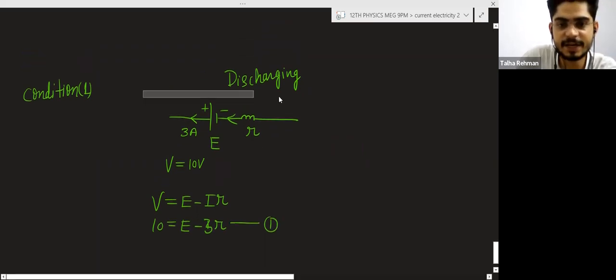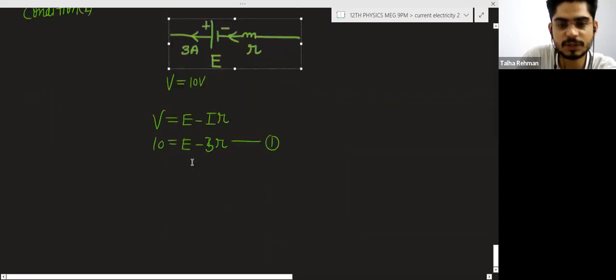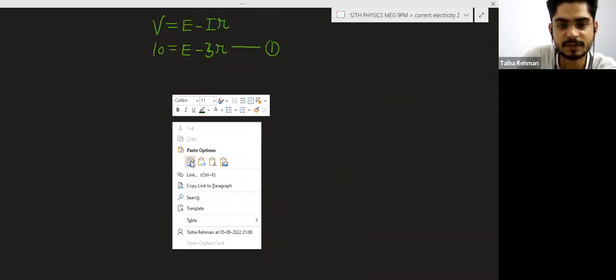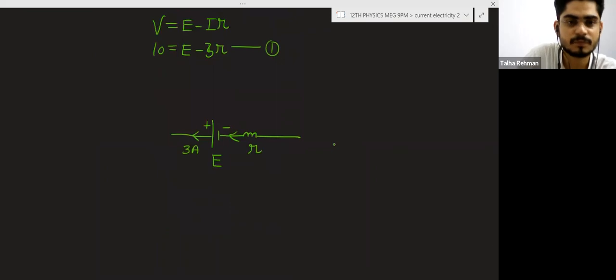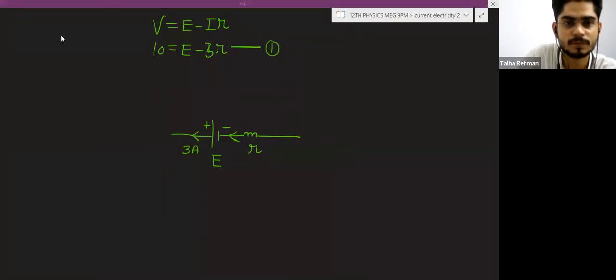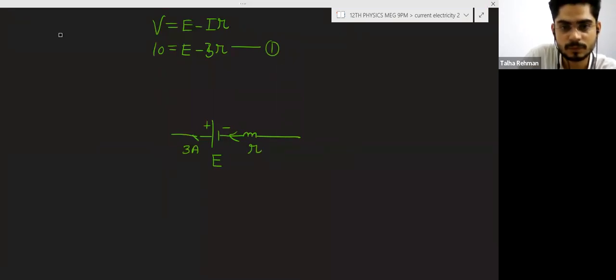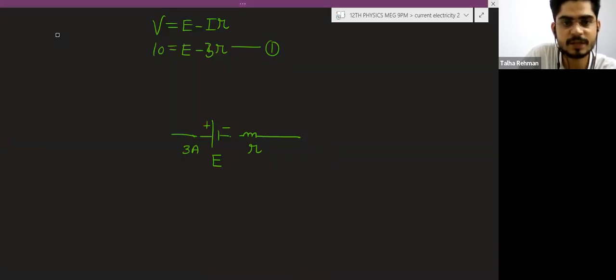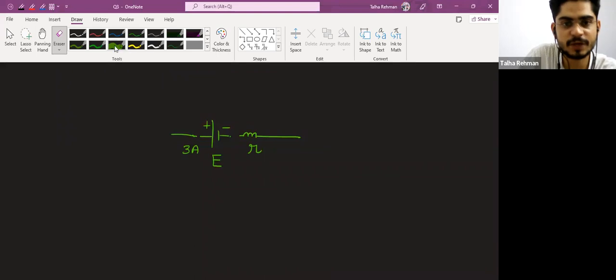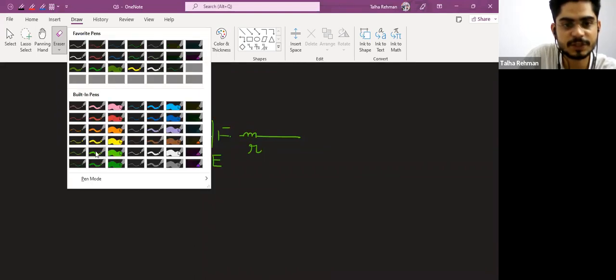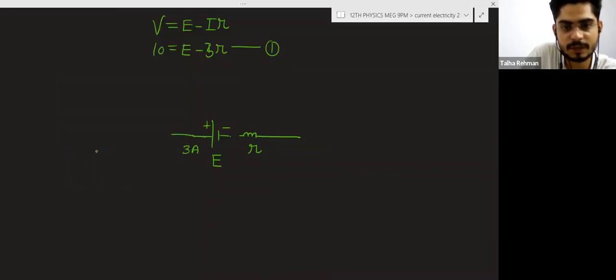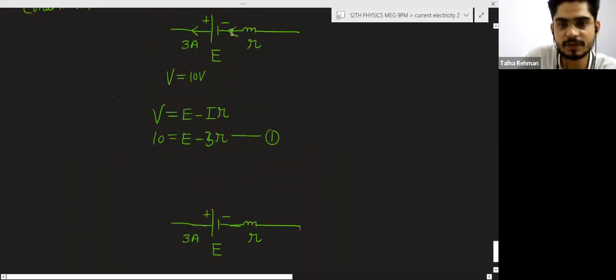And in the second case, the second condition of the question is that they are saying if you reverse the direction of current in the battery, reverse the direction of current means the current is flowing in this direction.